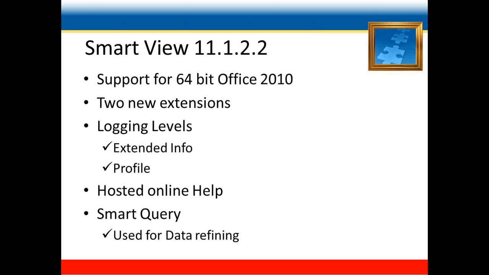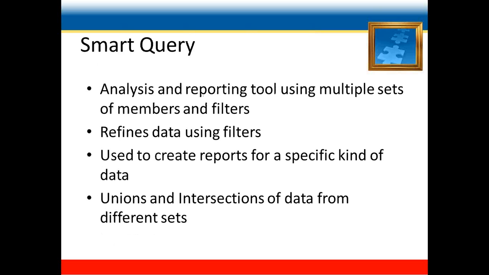Then there was an important feature which is called Smart Query, which was introduced in this version. It is basically used for data refining. We'll see Smart Query in detail. Smart Query is basically an analysis and reporting tool which uses multiple sets of members and filters for refining of data.